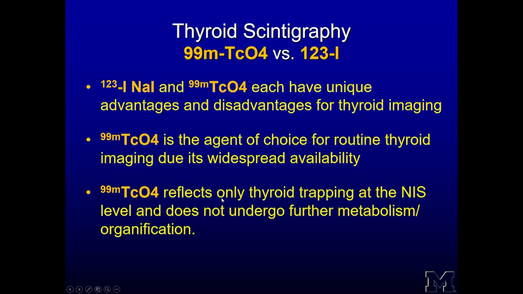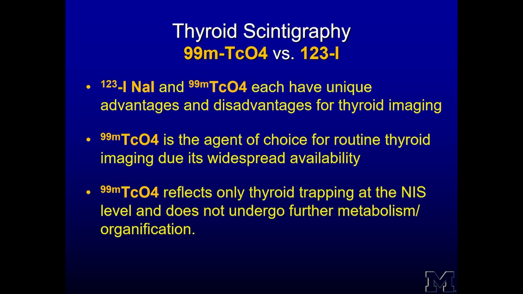So, thyroid scintigraphy: technetium-99m pertechnetate versus iodine-123. Iodine-123 sodium iodide and technetium pertechnetate each have unique advantages and disadvantages for thyroid imaging. In routine clinical practice, technetium pertechnetate is the agent of choice for routine thyroid scintigraphy due to its widespread availability in all nuclear medicine laboratories.